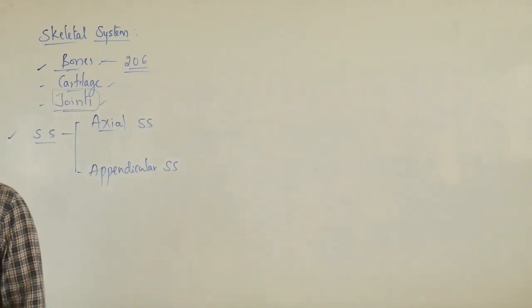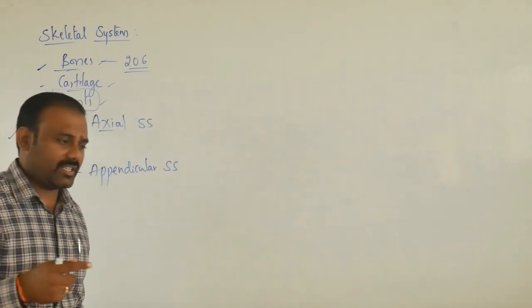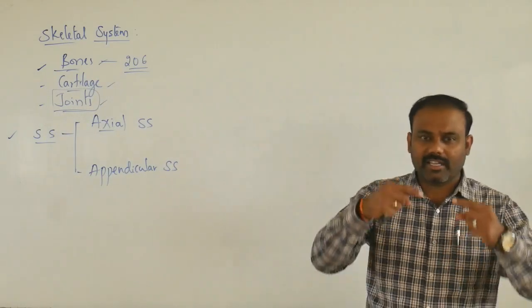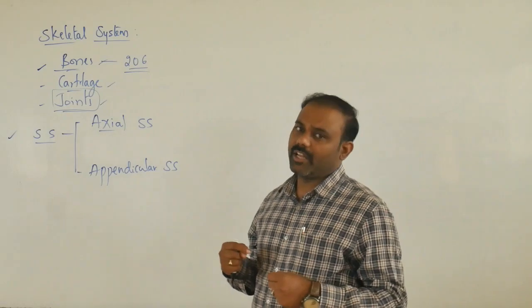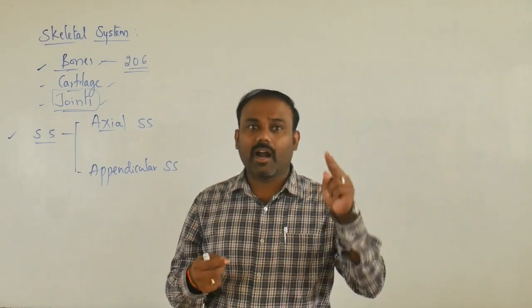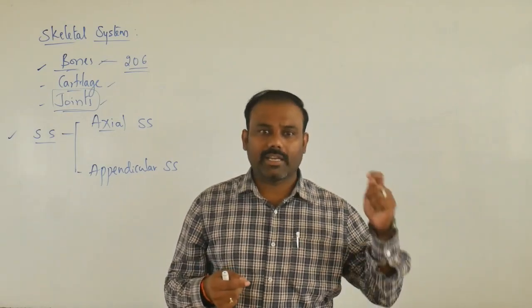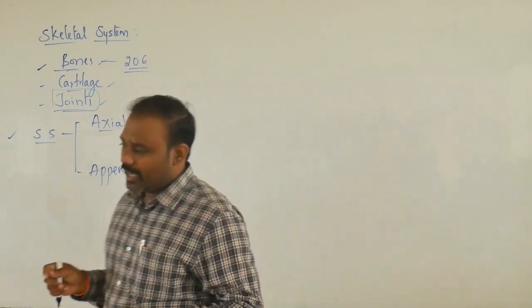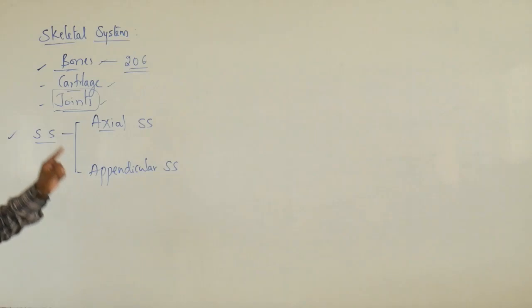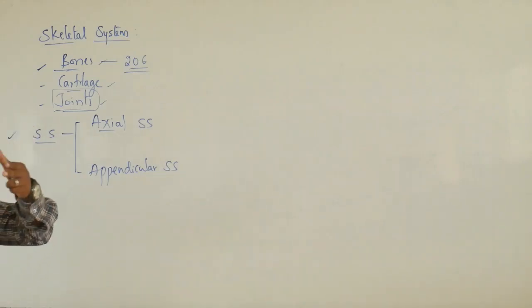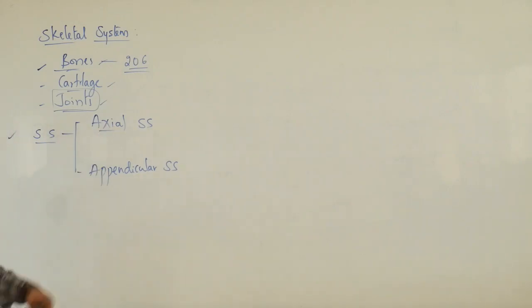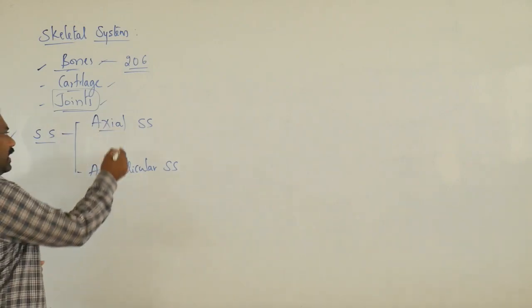During the developmental stage, some of the bones fuse with each other, resulting in a reduced number of bones. So finally in an adult human being, there are 206 bones in total. And those 206 bones are divided into the axial skeletal system and the appendicular skeletal system.